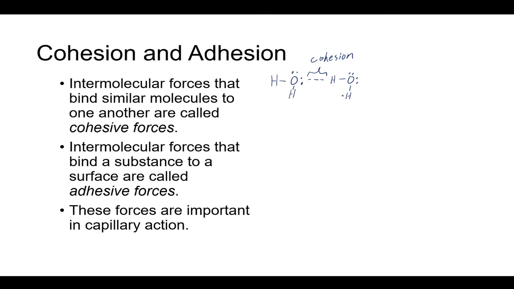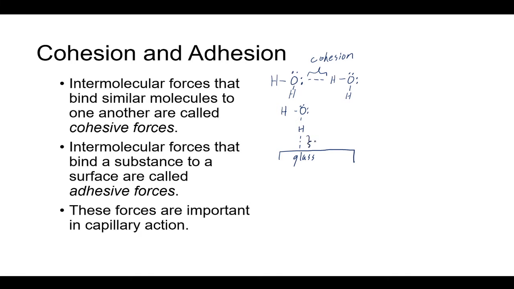It's a cohesive force. Now, adhesion is going to be when you have, say, glass here, and one of the oxygens in this glass molecule is attracted to the hydrogen on this water molecule.